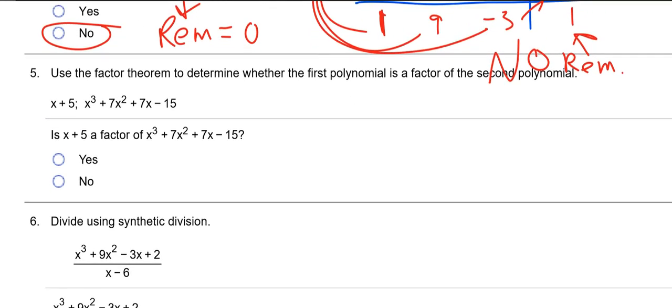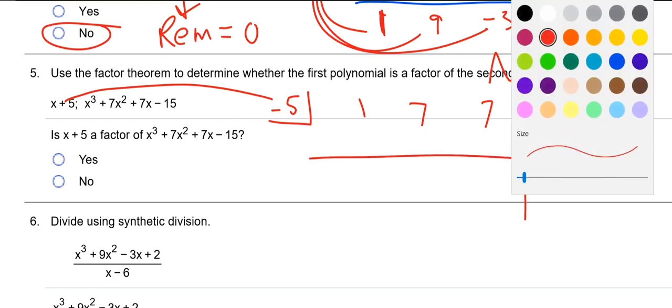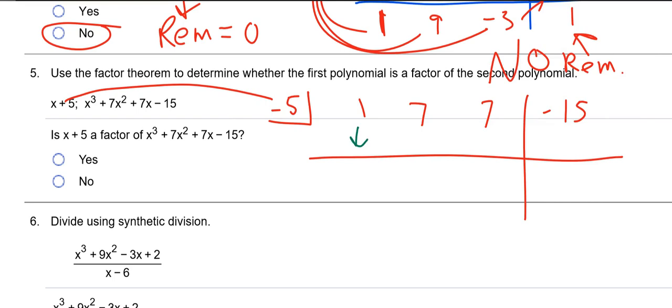Okay, same idea. So the 0 that we get from x plus 5 is negative 5. We have coefficients of 1, 7, 7, negative 15. Carry down the 1. Multiply. Add. Repeat.